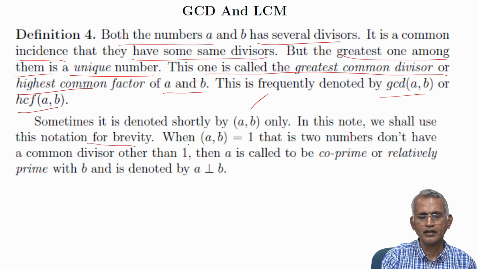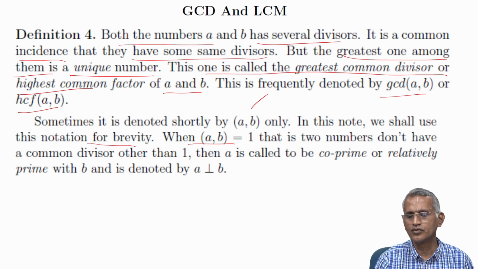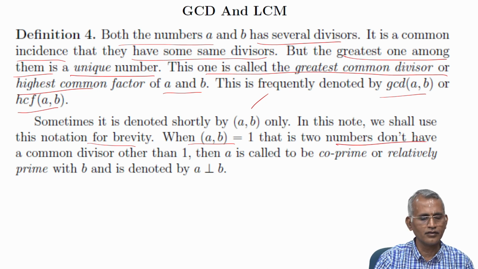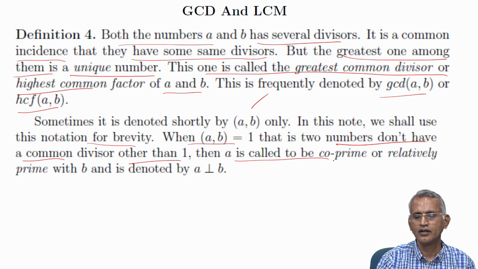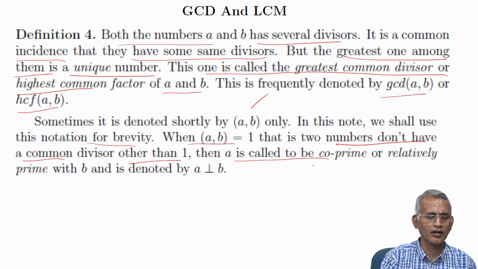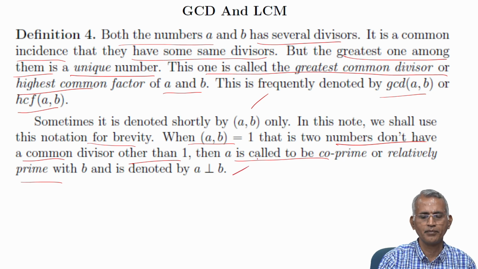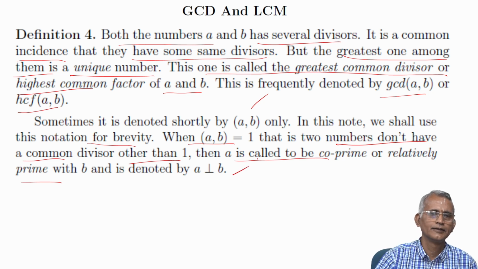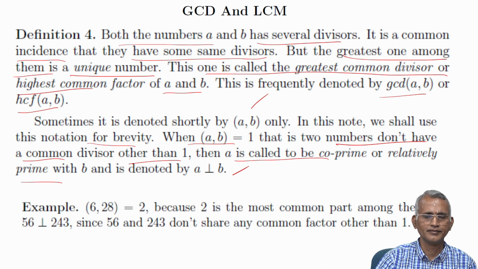When the GCD of A comma B is equal to 1, that is, two numbers do not have a common divisor other than 1, then A is said to be co-prime or relatively prime to B and is denoted by A perpendicular B. So, keep this statement in mind so that you can understand the GCD.